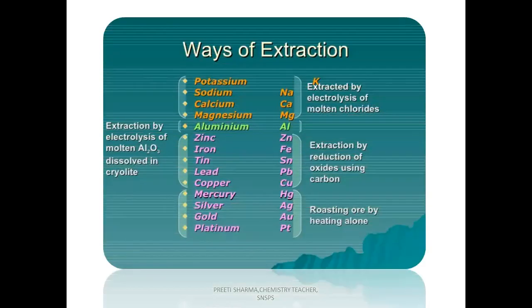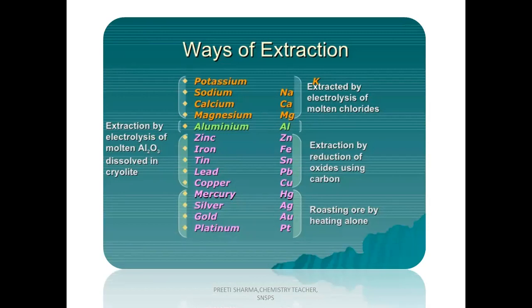Now, just for today, I'm discussing the general ways to extract. What are the general ways to extract? You can see that potassium, sodium, calcium, magnesium are extracted by the electrolysis of molten chlorides. It means they are present in the form of chlorides. Like potassium is present in the form of KCl, sodium NaCl, calcium CaCl2, magnesium MgCl2, right?